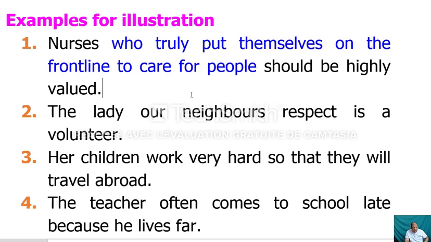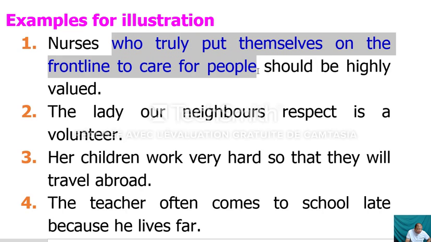Because it begins with a relative pronoun, which is who, and who refers to the antecedent, which is nurses, and from who till people, this is a dependent clause because it begins with a relative pronoun. So dependent clause, subordinate clause.